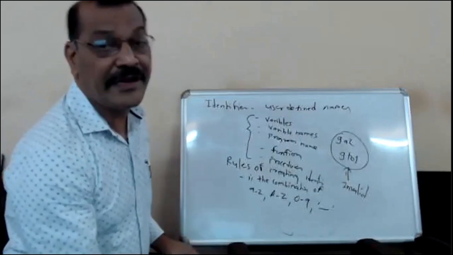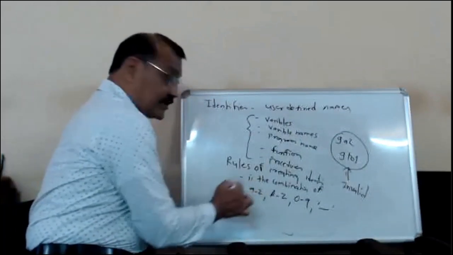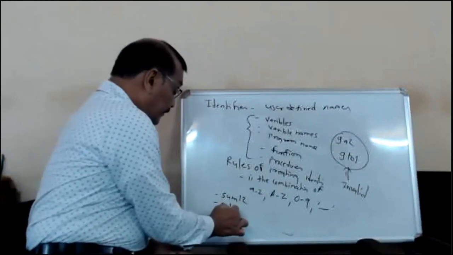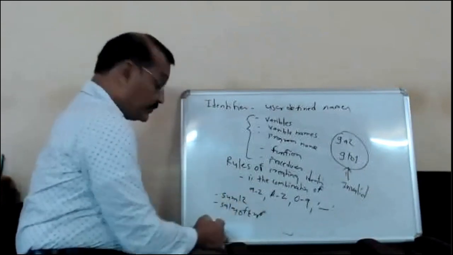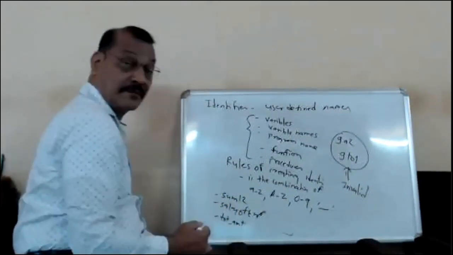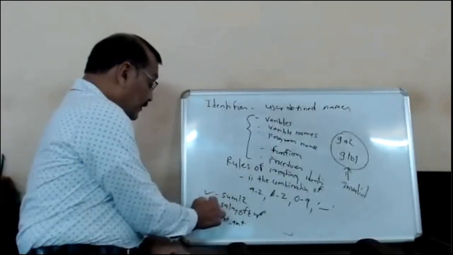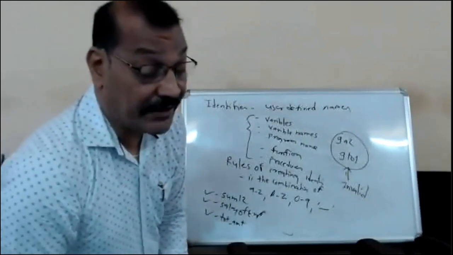So which are the valid identifiers? Sum1, sum2 is valid, salary of employee is valid, total amount is valid. These are the legal identifiers.